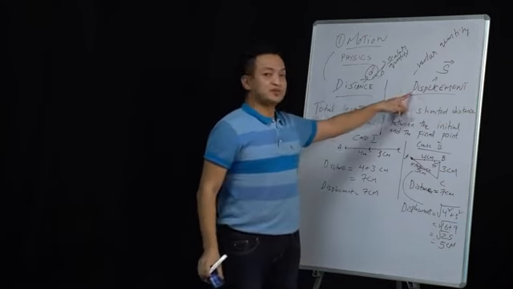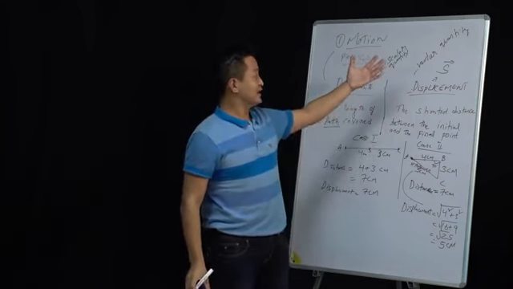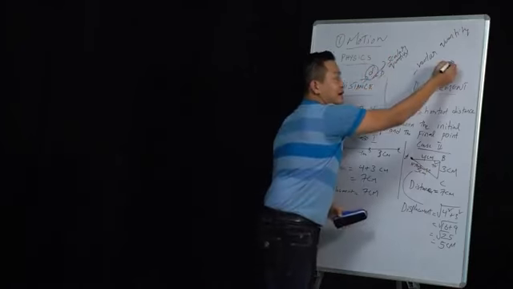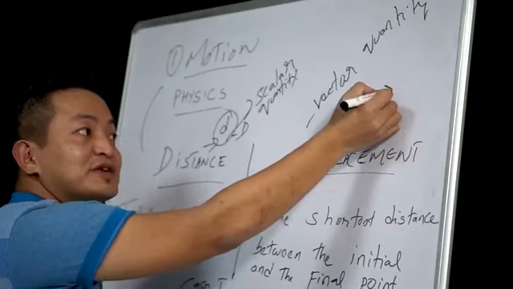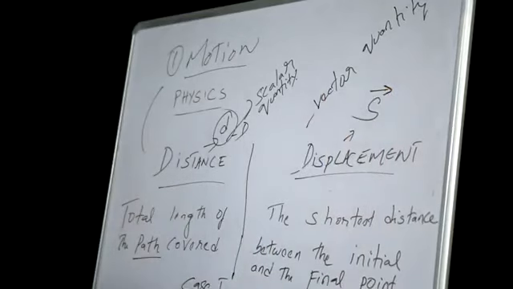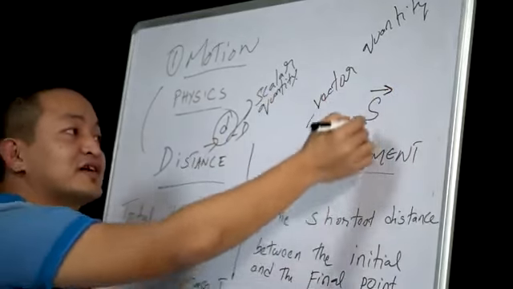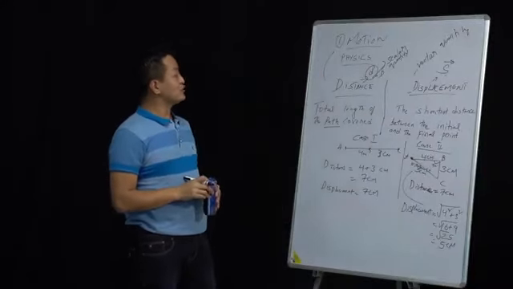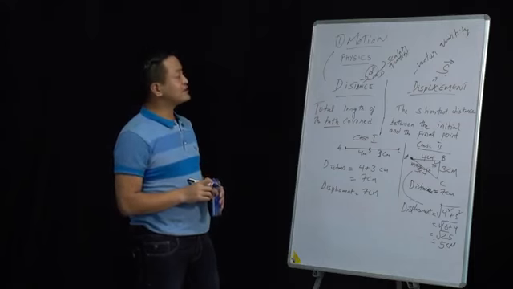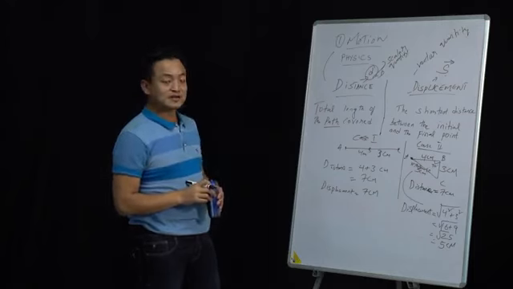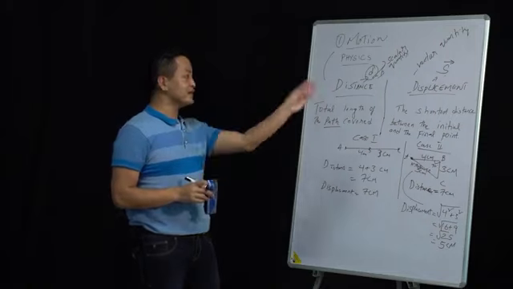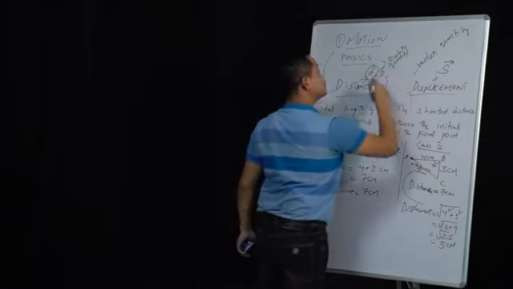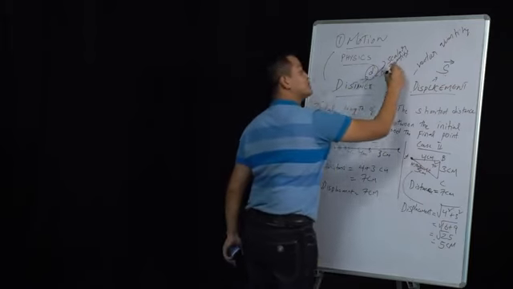Displacement is represented by letter S, and since it is a vector quantity, we identify it with a bar or an arrow on top of the letter. Okay, and what is the SI unit of distance? And what is the SI unit of displacement? What do we write after the number? We write meter, right? So the SI unit for both distance and displacement is meter.